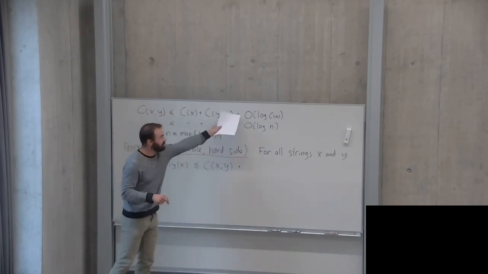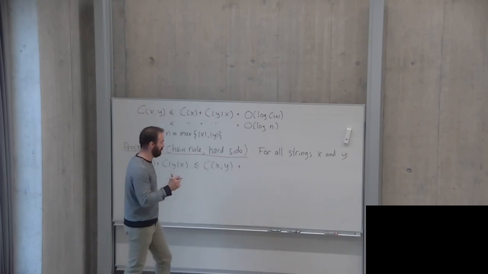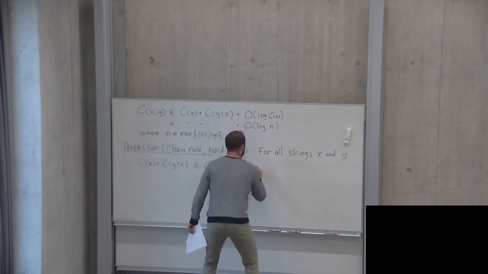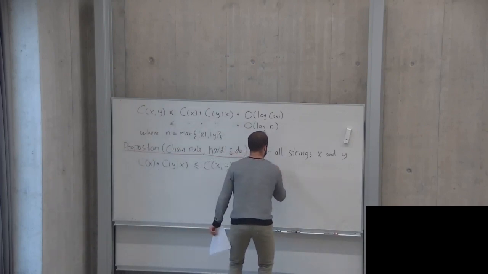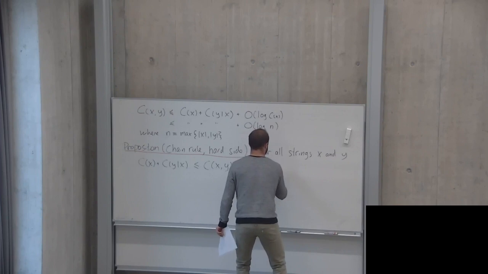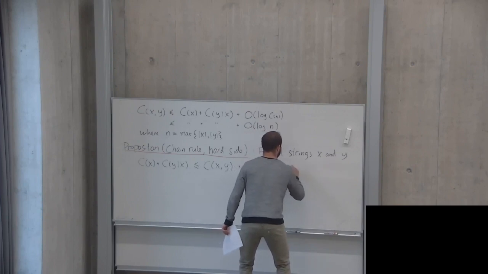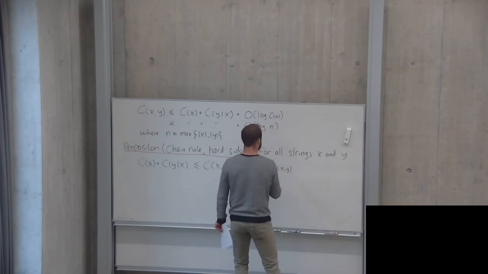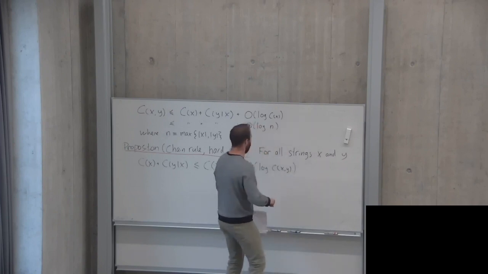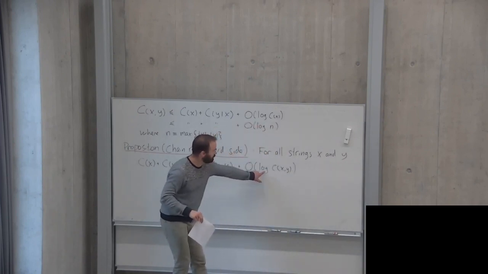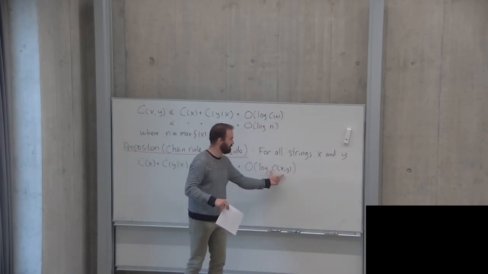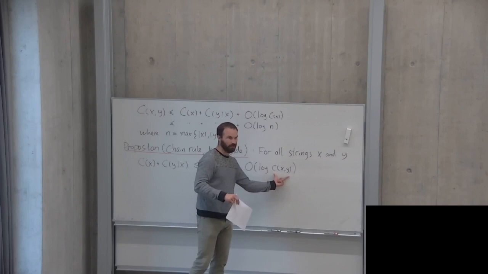The tight bound cannot be the same one as the tight bound we had here. The tight bound is order of log of C of xy. Is it clear? If I write log of C of xy, you understand that we're taking the log of that number.